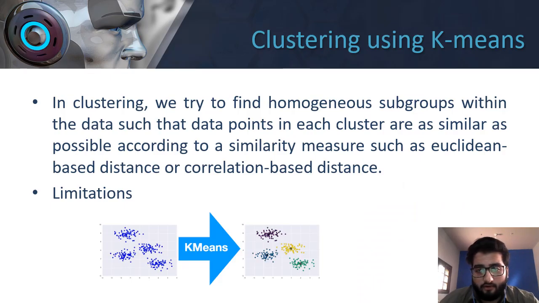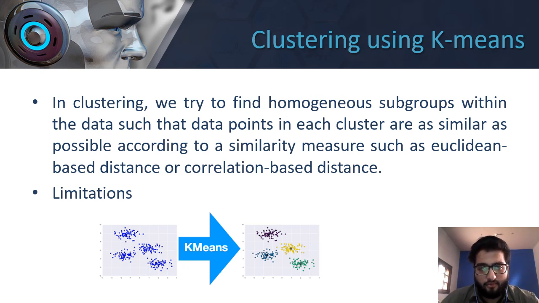Clustering is a form of unsupervised learning. In clustering, we try to find homogeneous subgroups within the data such that the data points in each cluster are as similar as possible, according to any similarity measure. That similarity measure could be a Euclidean based distance or a correlation based distance.